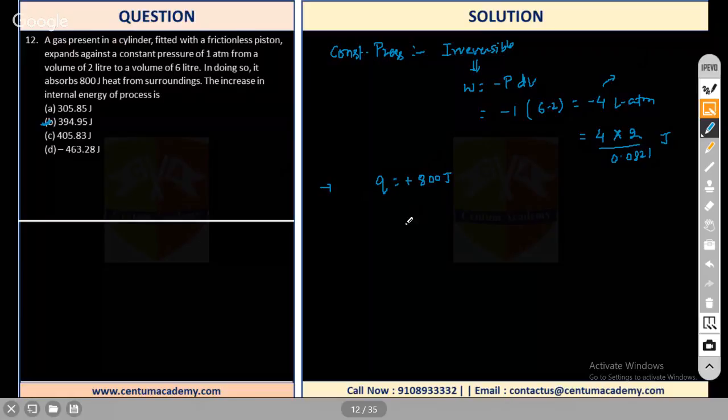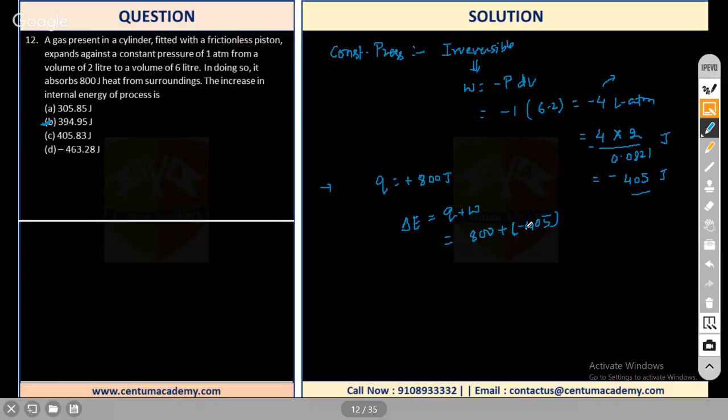The increase in internal energy, del E, is equal to Q plus W, which is nothing but 800 minus 405 joule.